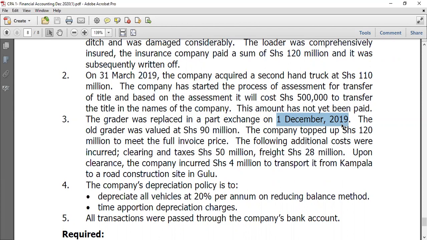But since the asset was sold off on 1st December 2019, and our policy says we should time apportion, then you should go ahead to time apportion this. Are we together? Okay. So it's important for us to take that into consideration.